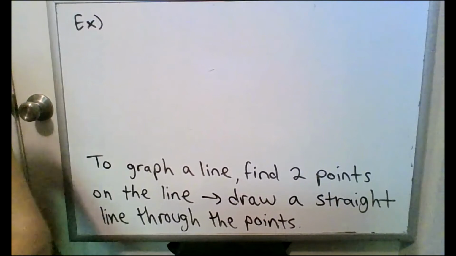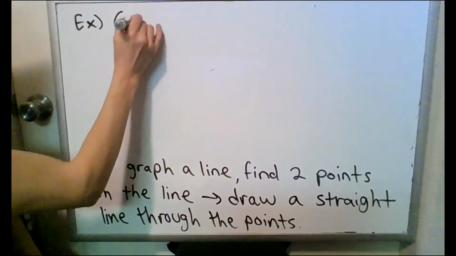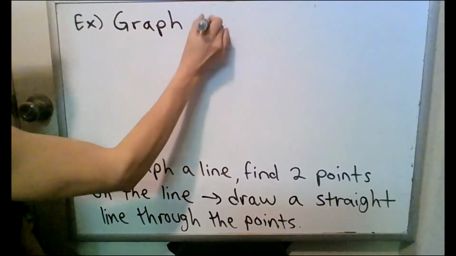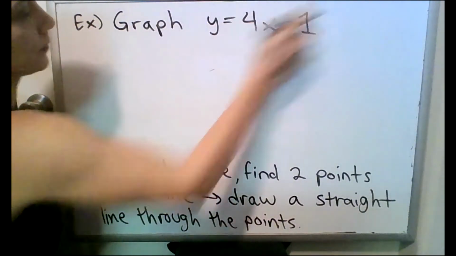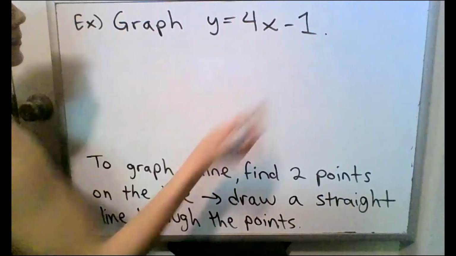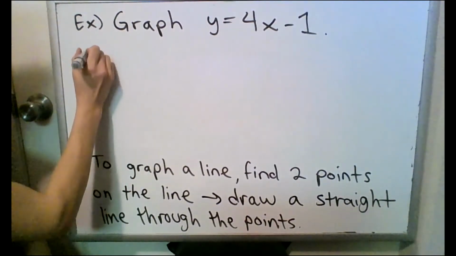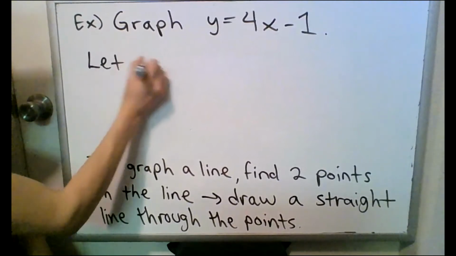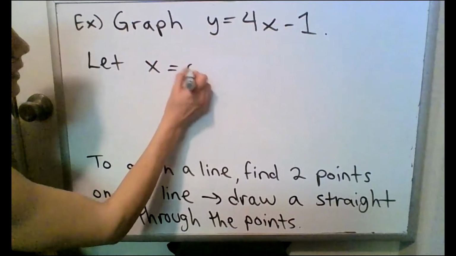Okay, we want to graph the line y equals 4x minus 1. I just need 2 points. Let's let x be, let's put in 0.